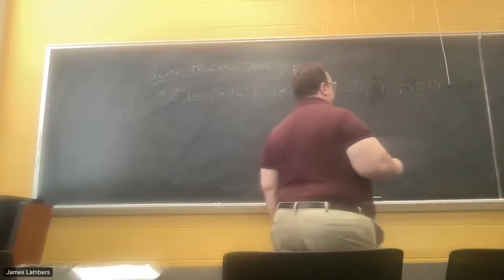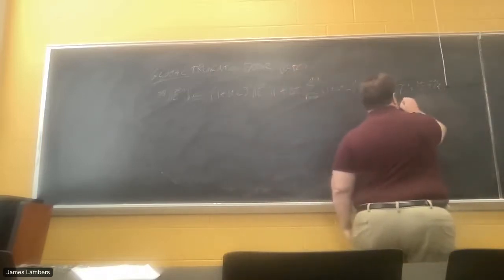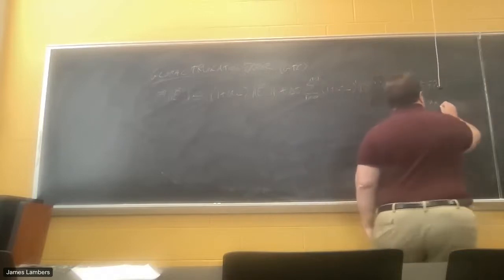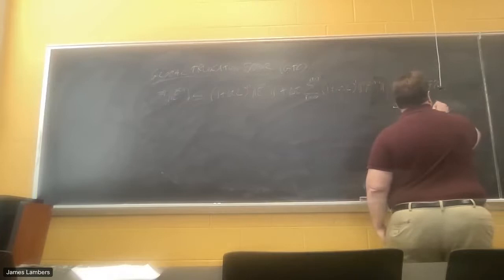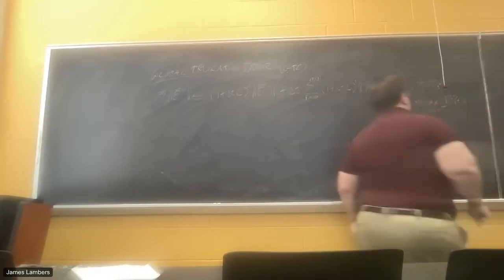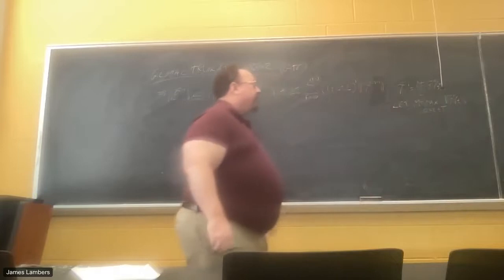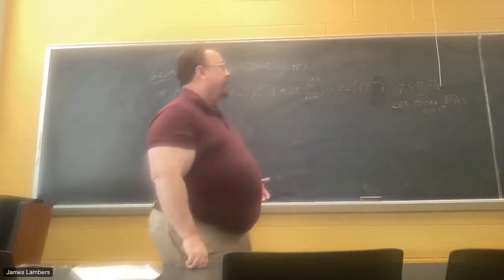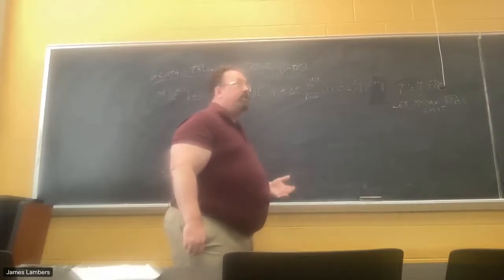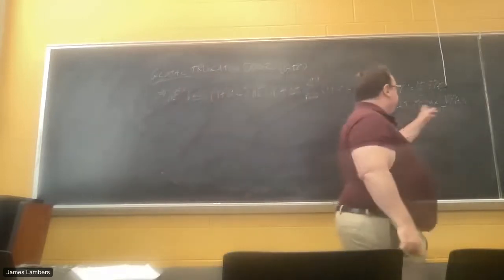So I'm going to let capital M be the maximum over my entire domain in time of the magnitude of y double prime of t. So we're assuming that y double prime is continuous. In other words, we're assuming y is twice continuously differentiable on this domain.